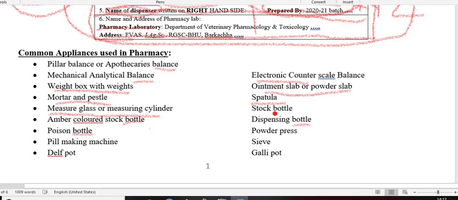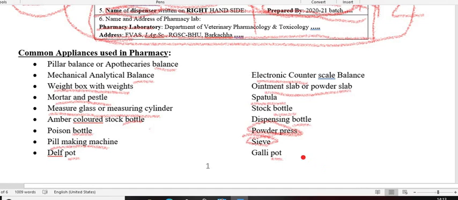If it keeps stock solution, it is called a stock bottle. The powder press is the machine by which we press the powder. Then the pill making machine, then the sieve for sieving or sifting. And there are two types of pot, the delf pot and the galley pot.